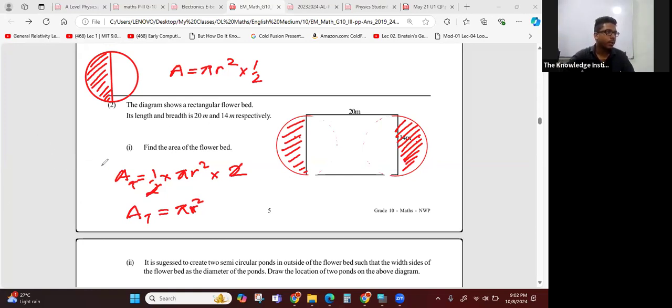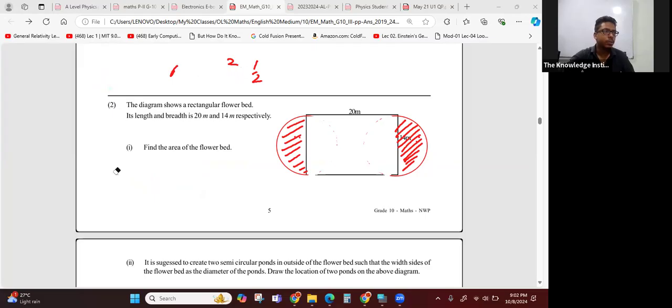So let us now find the area of these two semicircular ponds. So A equals half into pi r squared into 2.